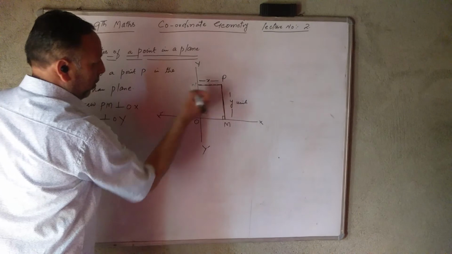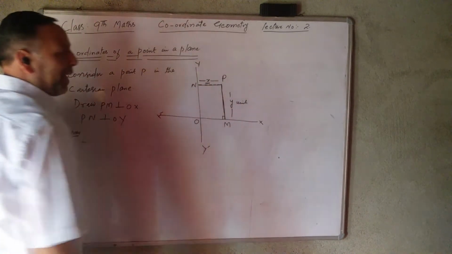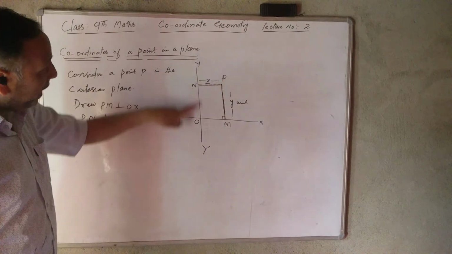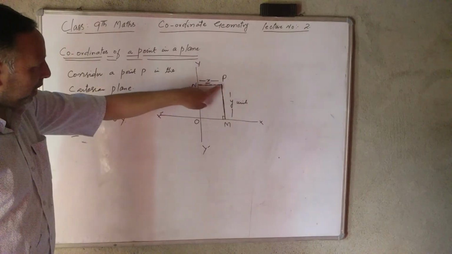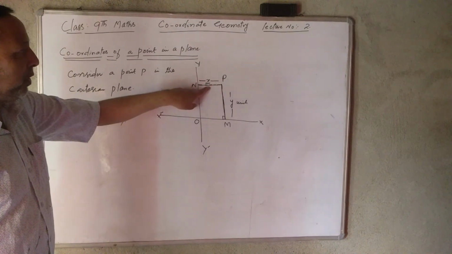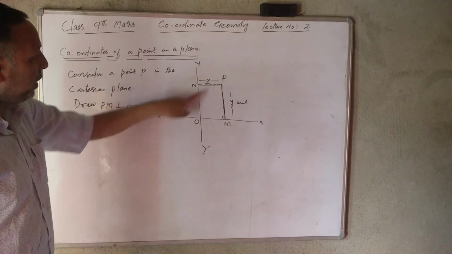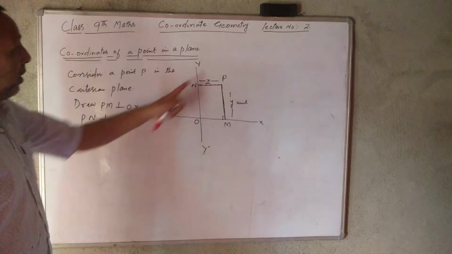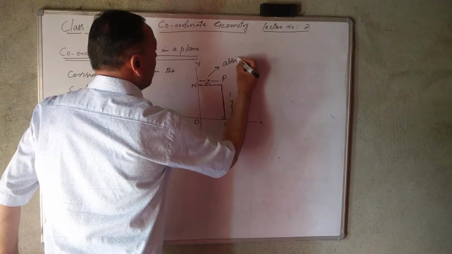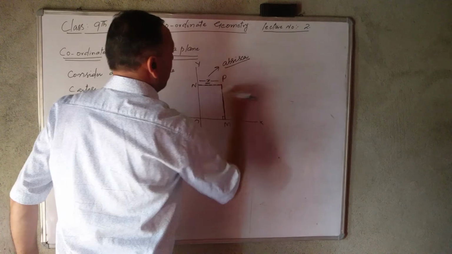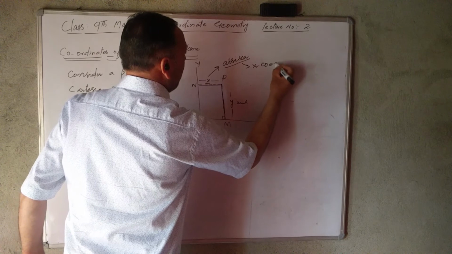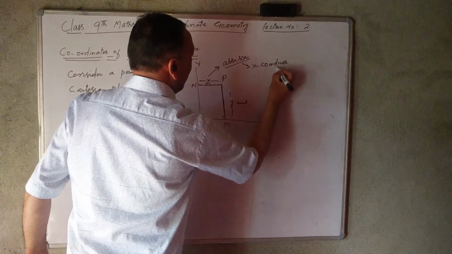Now, X is the distance of point P from Y-axis. This distance of point P from Y-axis is known as abscissa. We call it abscissa, and it is known as X coordinate.